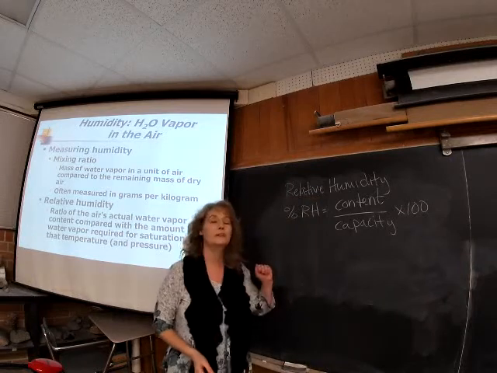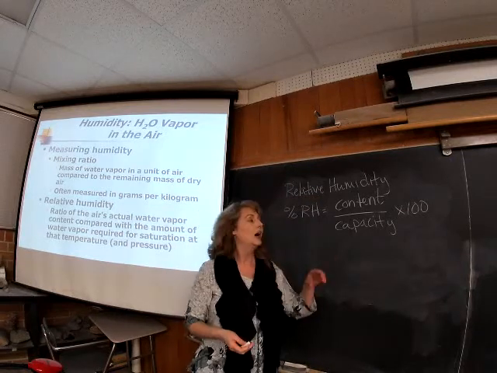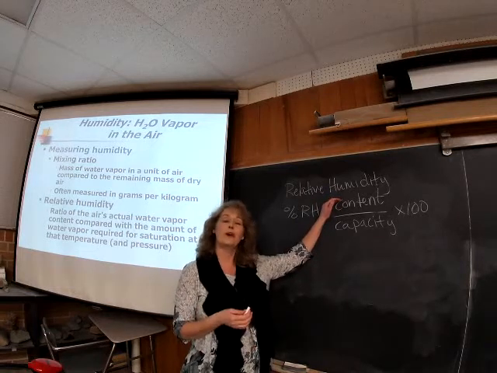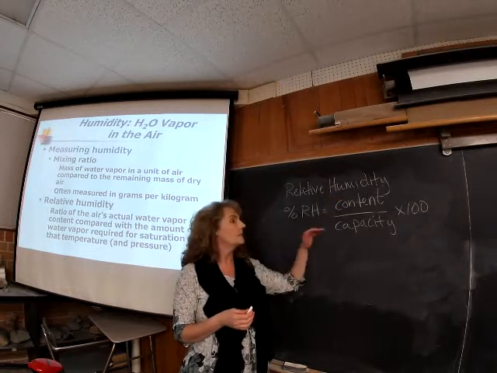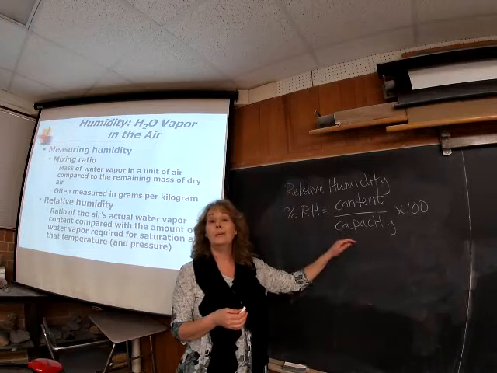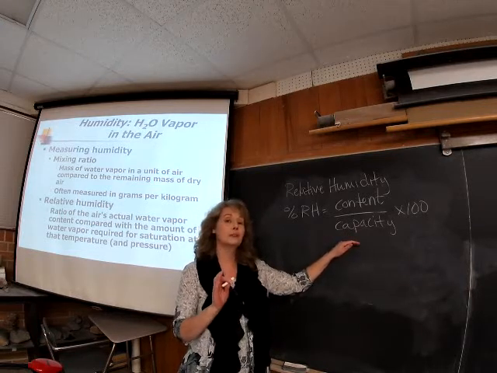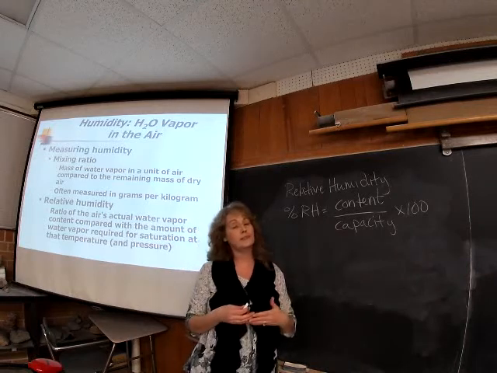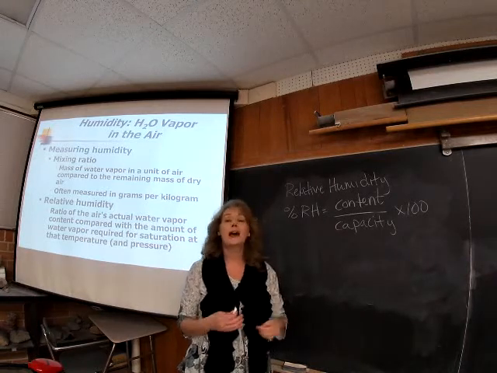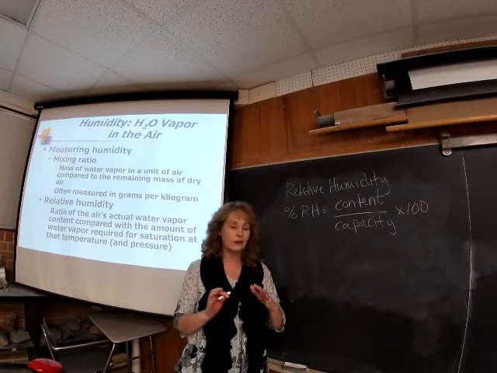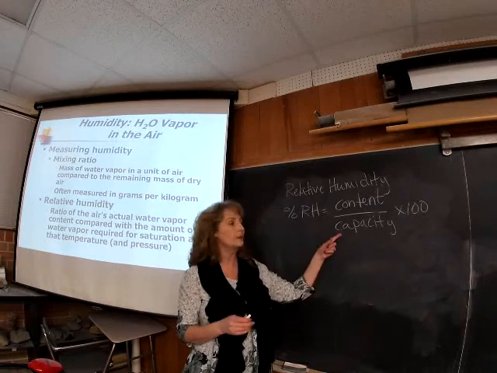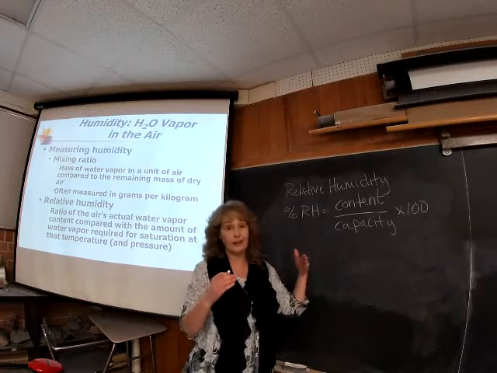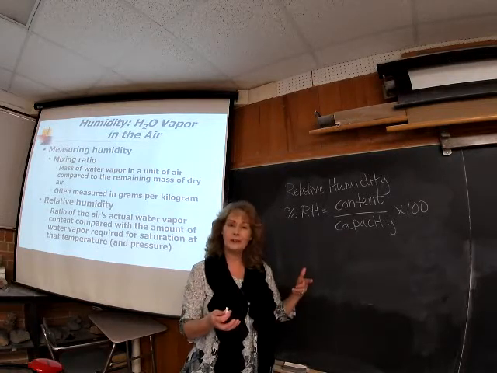But percent relative humidity is this ratio of the water vapor content, so the actual water vapor content, compared to the capacity, which is temperature dependent. So how much water vapor can the atmosphere actually hold at a particular temperature? And there are all these tables that you can look up to figure out what your capacity is. What would make that saturated for a particular temperature?